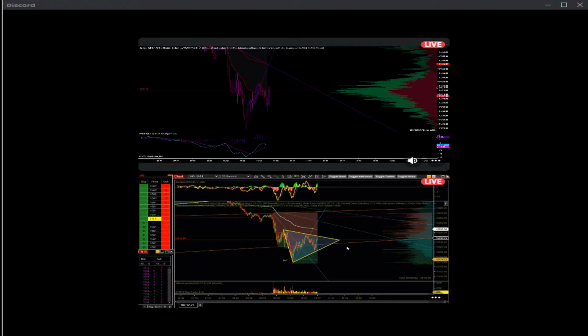Very bearish move. A little flag here, and let's see if that makes a break of this triangle.